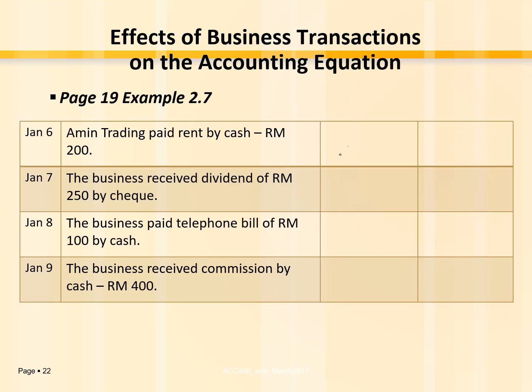This one is the effect on business transaction on the accounting equation, specifically on the SOPL. Okay, so look at this transaction. This one available dekat your textbook, page 19, example 2.7. So on January 6, Amin Trading paid rent by cash.